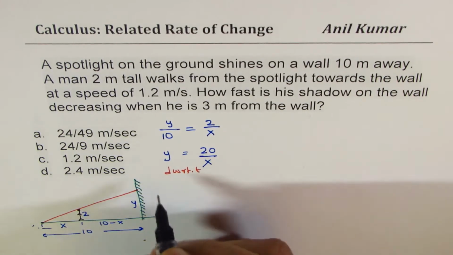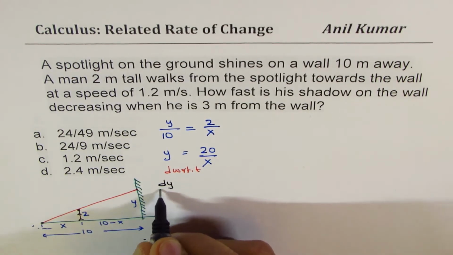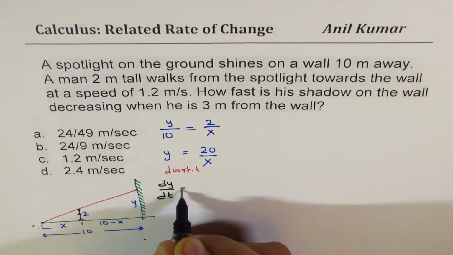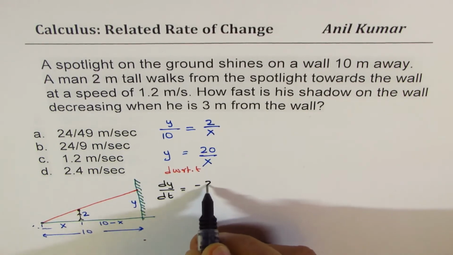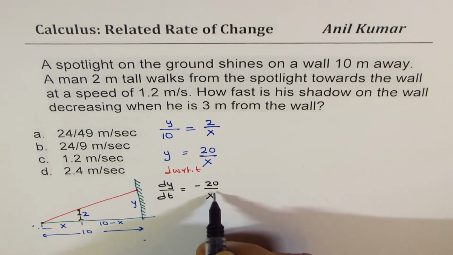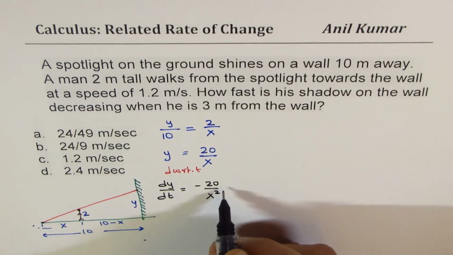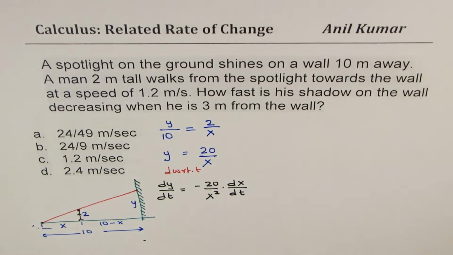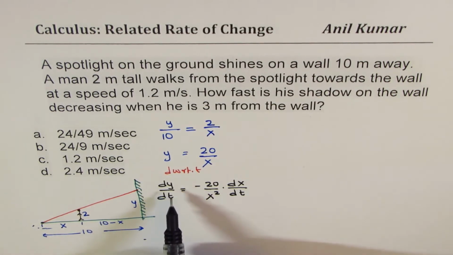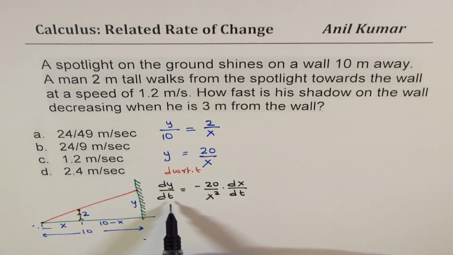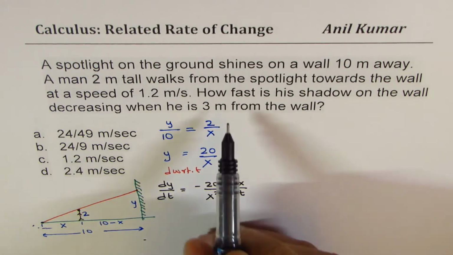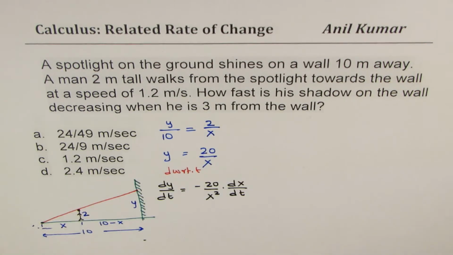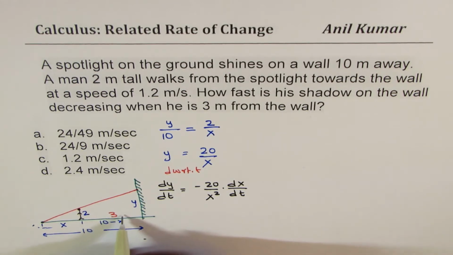So what we get here is dy/dt is equal to minus 20 over x squared, right? Minus 20 over x squared times dx/dt. We need to find dy/dt when the person is 3 meters from the wall. That means this distance is 3 meters.